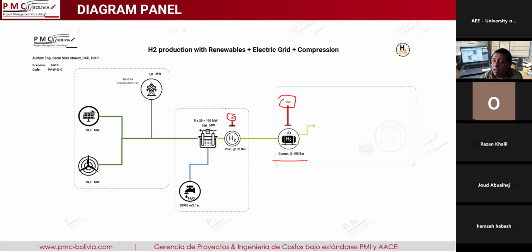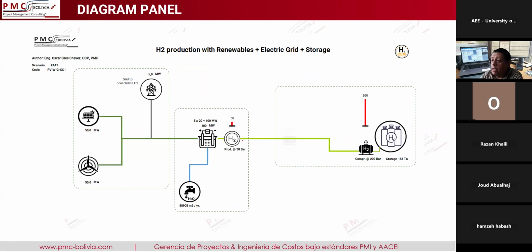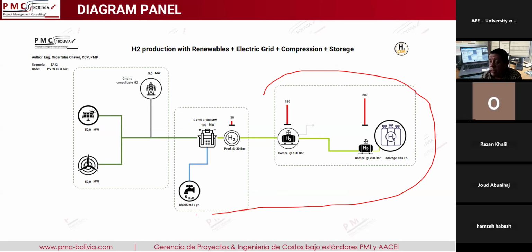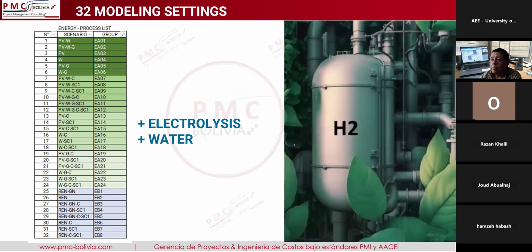For example, 30 bars, 150 bars, and the other only directly from production to storage, included a compression kit in the module of the storage. And the most complete, most integrated is this, with all the sources of renewable energy, so production plus compression plus storage.